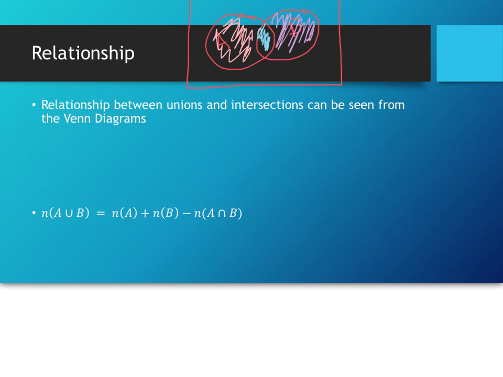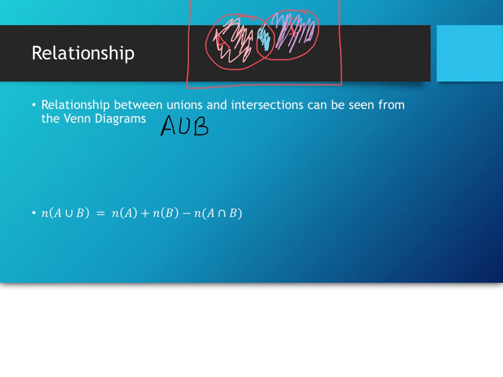Now I want you to notice something. That A union B comprises all three of these parts: the pink, the light blue, and the purple. Now A itself is both the blue and the pink together.